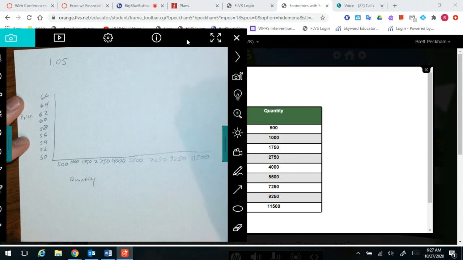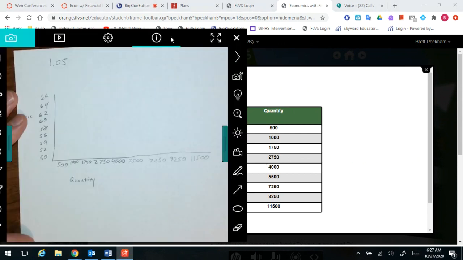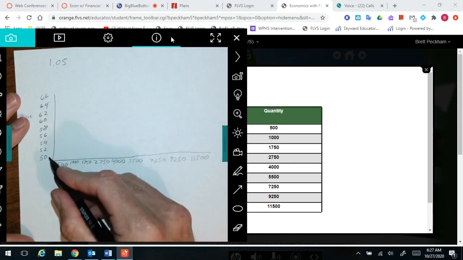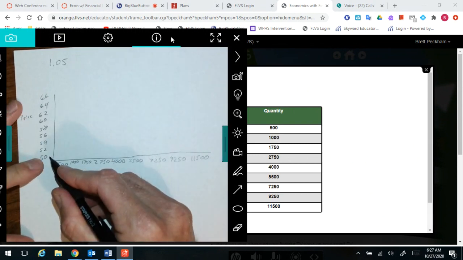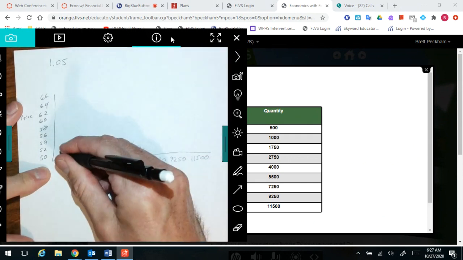And with supply, if we remember, supply and price are directly related, or I should say quantity supplied. So as price increases, the quantity being supplied by the producer will increase. It's a signal to the business saying, hey, you can make more money. So if the item is being sold for $50, the business is willing to allocate enough resources to make 500 units of that thing.